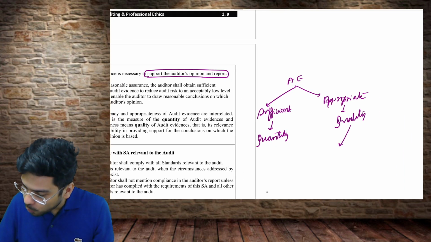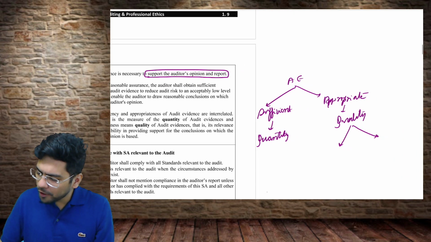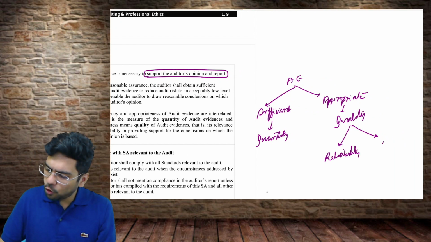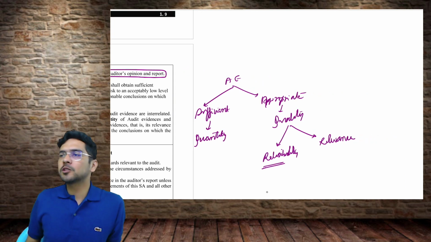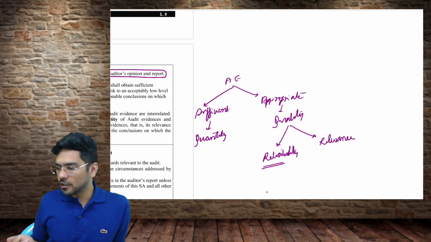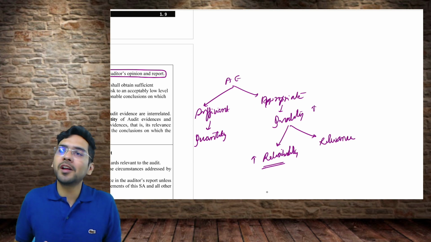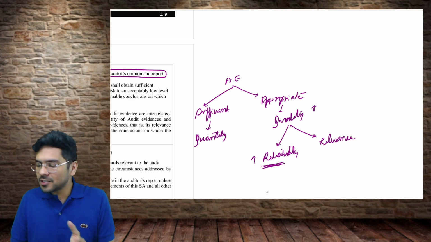But under quality also, we have 2 points to cover. One is reliability, though I'm going to cover it later, and the next one is what? Relevance. I'll just give you one example. Will you consider photocopies more reliable or originals? Original. So our reliability increases. That means quality increases. Will you consider written evidence more reliable or verbal? Written. So this is basically reliability.